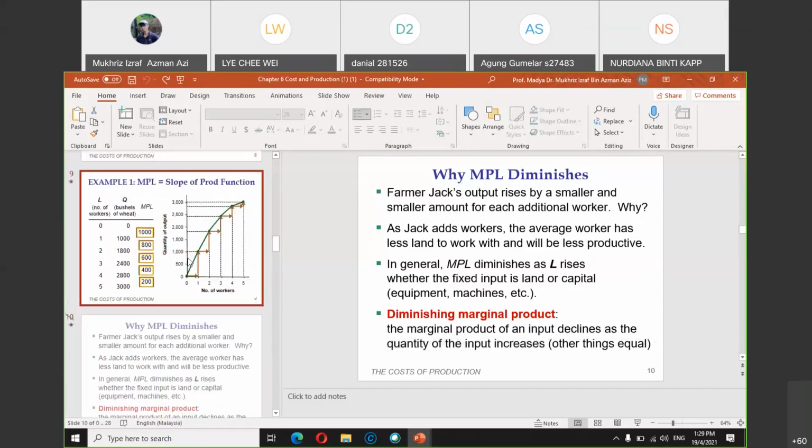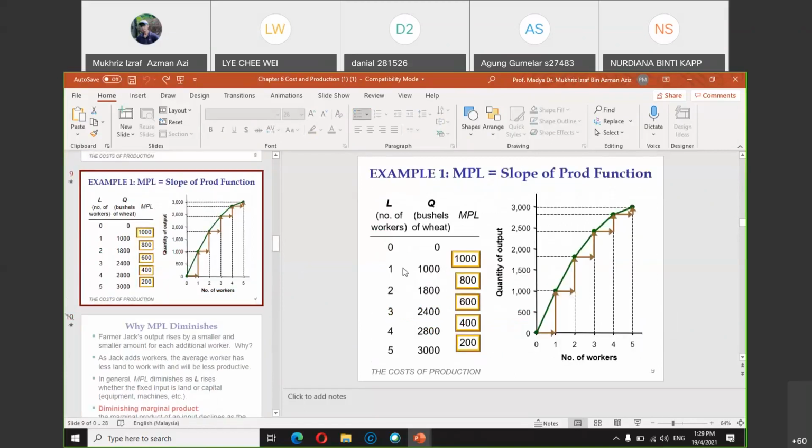So when we increase the labor, we increase the input, marginal products decline. One of the simplest ways to explain why MPL declines is to imagine you work in one shop, or on one piece of land.